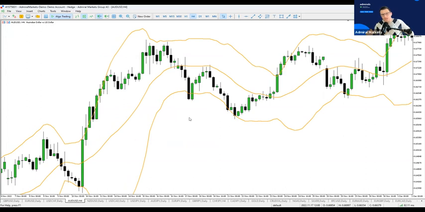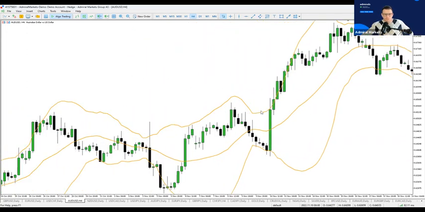If you try it until you have a couple of losing trades and then you say, scratch it, it's not for me, that's not a good reason. But if you try and understand and you apply some consistency with this, like in any other strategy, I'm sure you can make up your mind if that's the right strategy for you or not.